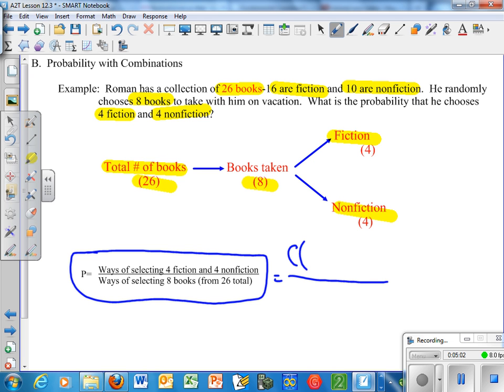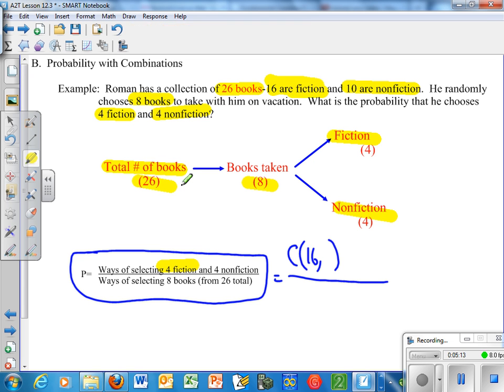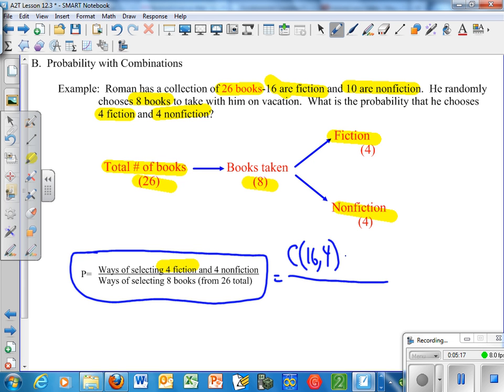You're going to do the number of combinations. Let's do how many possible ways could I select for fiction? Well, there are 16 fiction books to pick from. That's this right here. And I'm going to select 4 of them. And then we're going to multiply that by the number of ways of selecting for nonfiction.